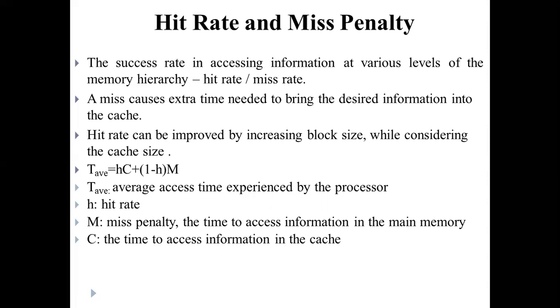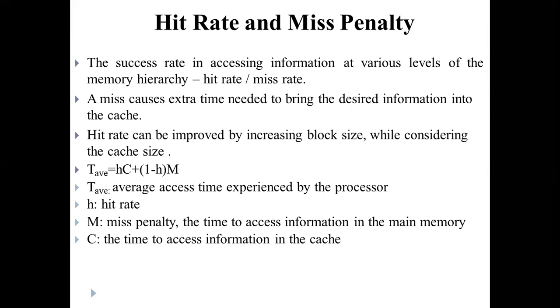The operating system will copy the content from the auxiliary memory, the secondary memory, into the main memory, and then control is given back to the task which was interrupted. So the time for a miss is more as compared to a hit.